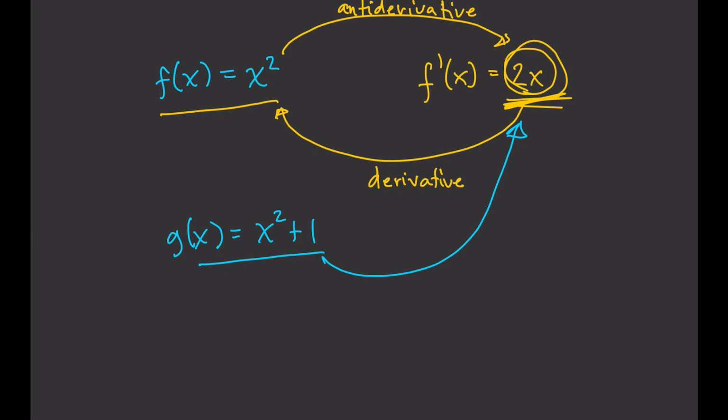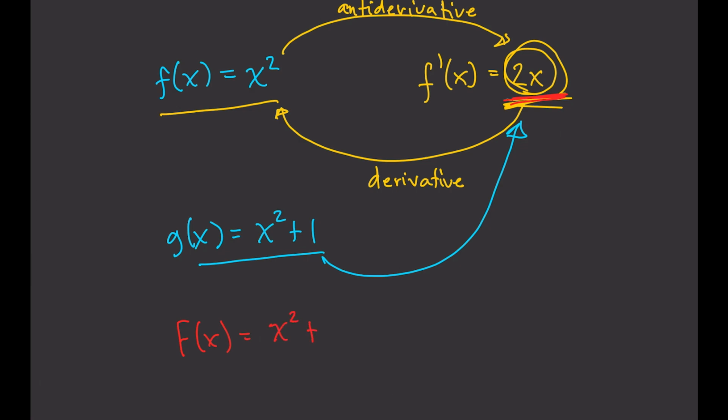To summarize, we say that the general antiderivative of 2x will be a function of the form, using big letters, F of x equals x squared plus c.